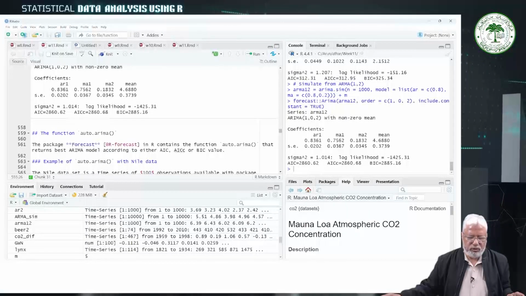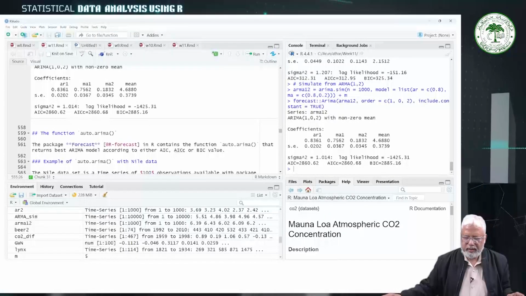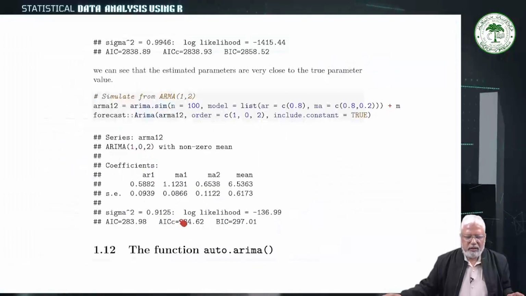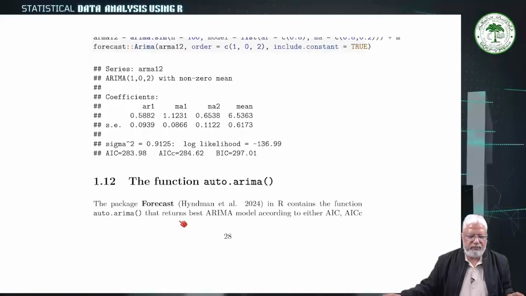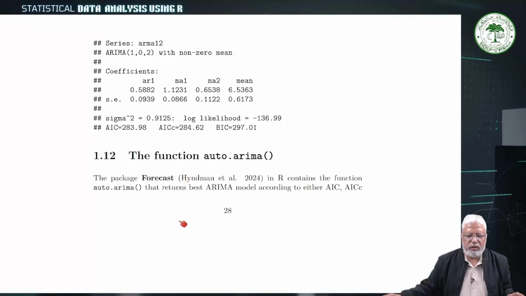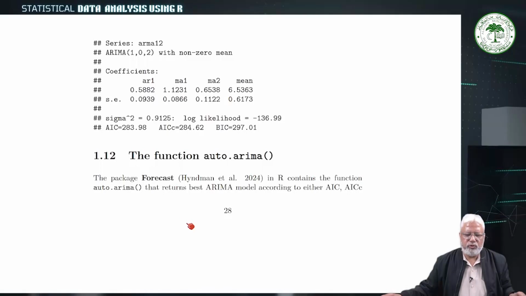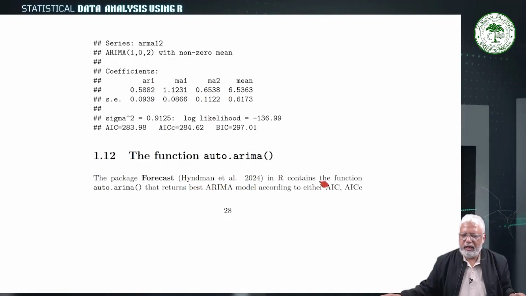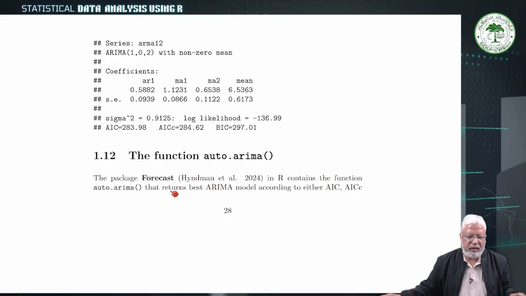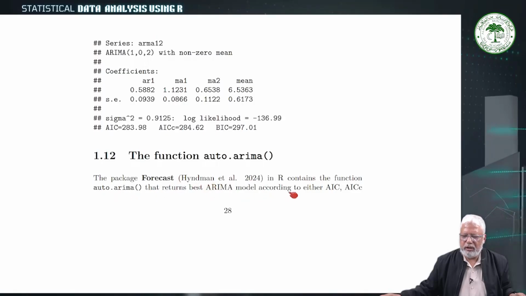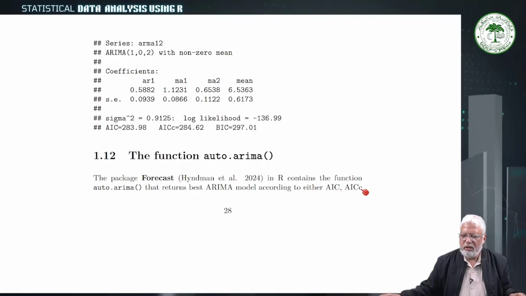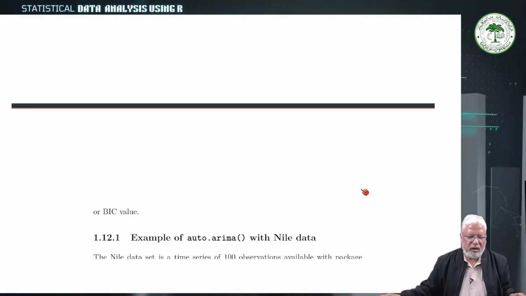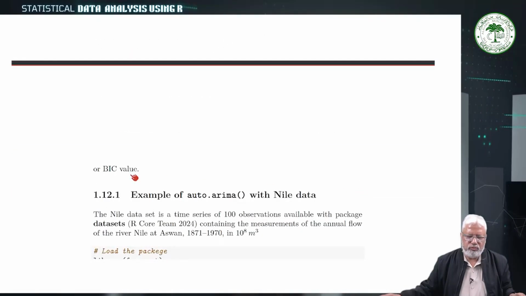Now auto.arima. The forecast package has developed a function auto.arima. The package forecast by Hyndman et al. 2024 in R contains the function auto.arima that returns an ARIMA model according to either AIC or AICc or BIC values.